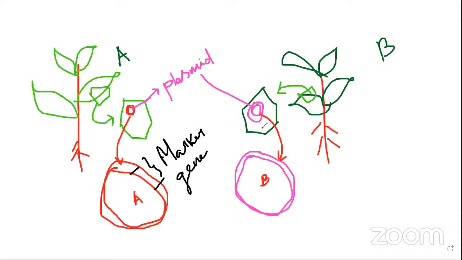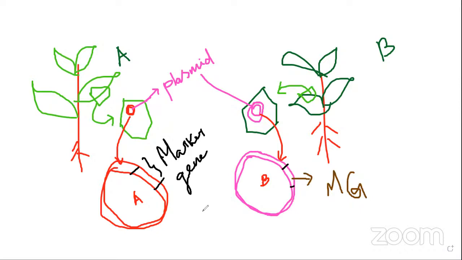Okay. Likewise, here also there is a marker gene. Here also there is a marker gene. This one is a marker gene. Simply I tell you, MG, marker gene.